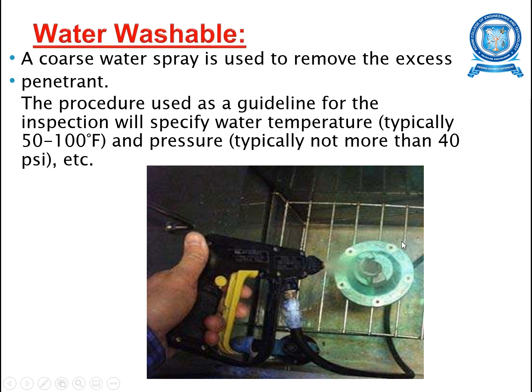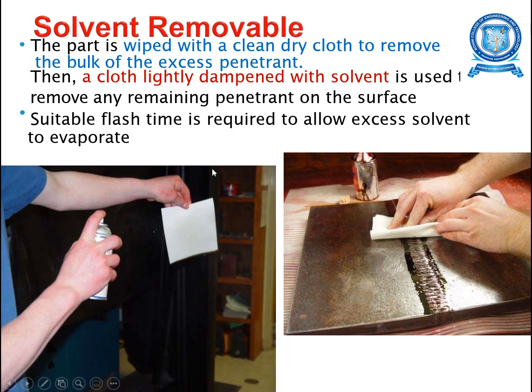Water washable, you can see from the diagram, like a coarse spray of water is sprayed on the test specimen to remove the excess penetrant. And the second method is the solvent removal. So here the part is being wiped with a clean dry cloth to remove the bulk of the excess penetrant.